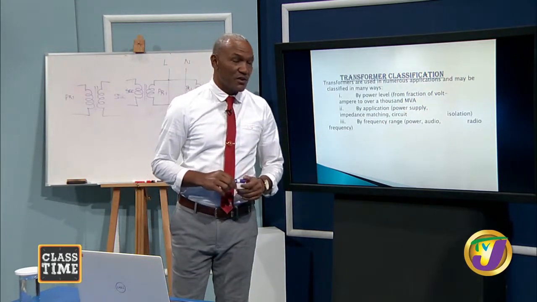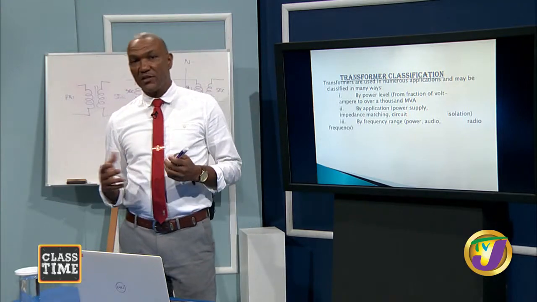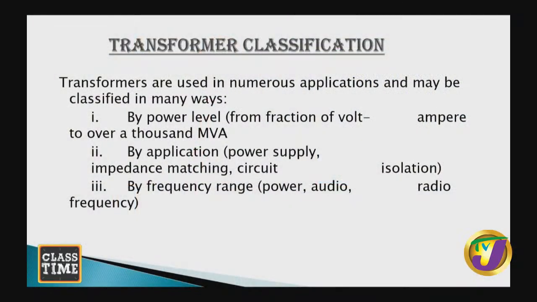Transformers by classification. How do we classify transformers? Transformers just don't come and you say a transformer is this, a transformer is that. Transformers are classified using numerous applications and may be classified in many ways.